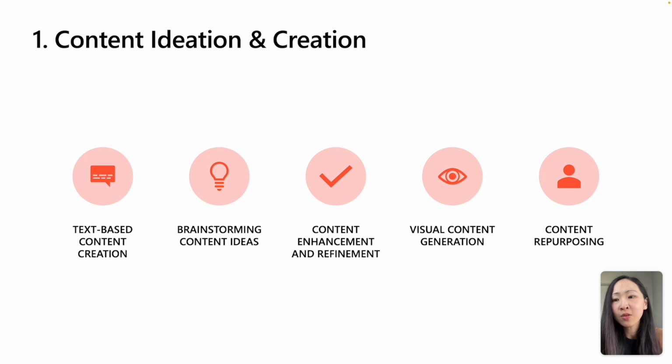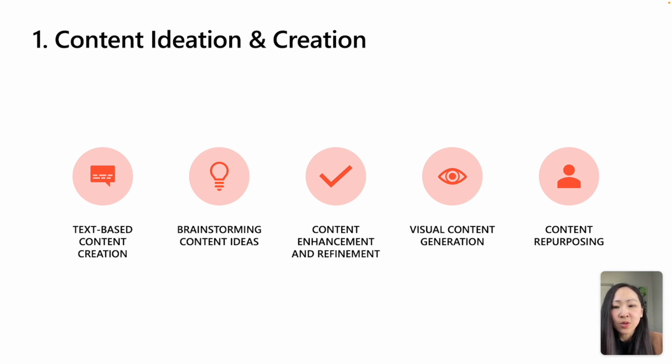And one of the big use cases is content ideation and creation. And there are really 5 top use cases in this area. First is content creation, you can create content so much faster, like blog articles, product descriptions, landing page copy, presentations, images.